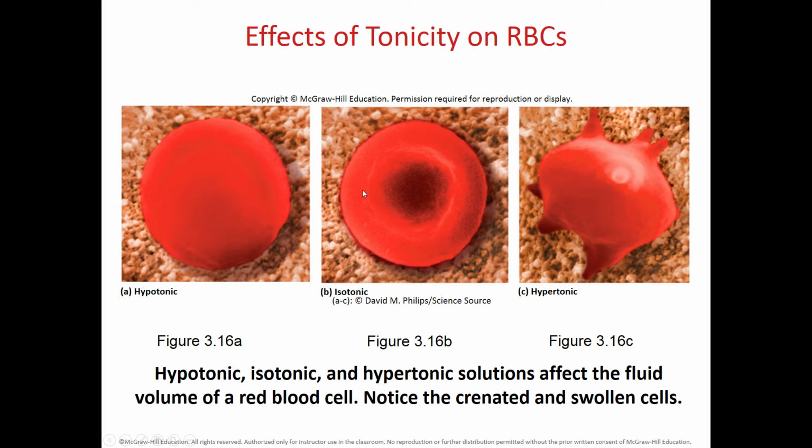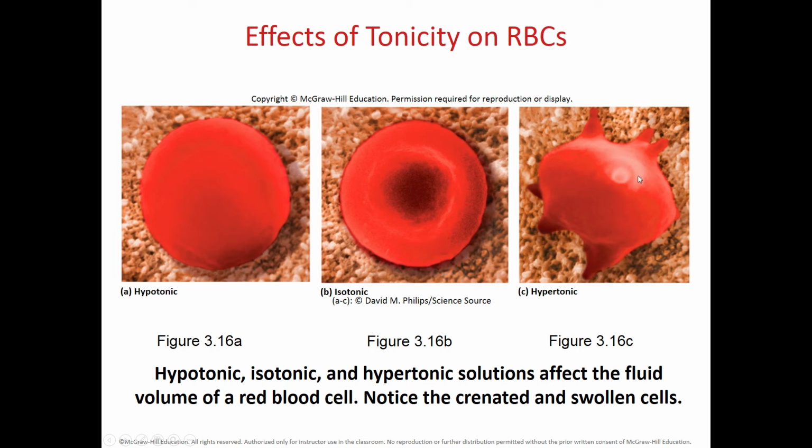Now, in an isotonic solution, you have the same concentration of solutes outside this red blood cell as you have inside it, like the 0.9% sodium chloride solution, so the cells will stay at the same volume. They won't gain volume, but they will not decrease their volume.